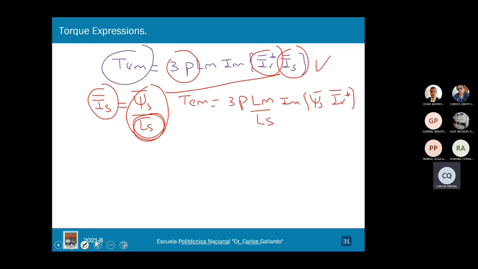On the other hand, I want to use the rotor current. Once again, by definition, it is equal to the rotor flux over the rotor inductance.